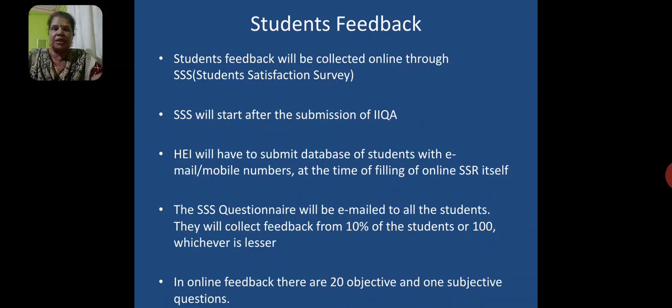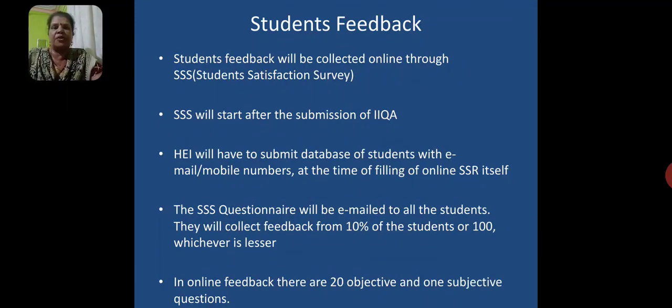Triple S will start after the submission of IIQA. The HEI will have to submit a database of students with email and mobile numbers at the time of filling the online SSR itself. That is, the college has to produce the list of enrolled students with their mobile and email ID.